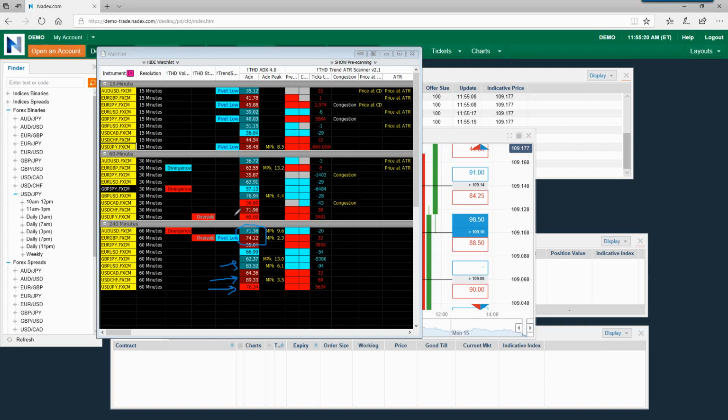And now the USD JPY is oversold on the 30-minute, and the euro British pound is oversold on the 60-minute chart. And this is just 3 time frames that I monitor, in addition to the 240-minute as well.